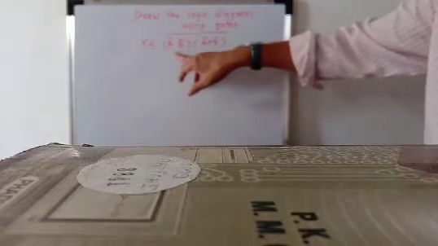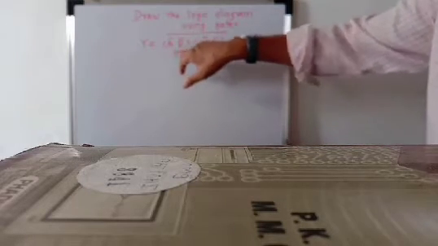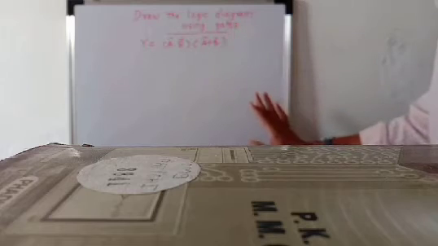So here in this equation there are two variables, A and B, and you have to prepare the logic diagram.